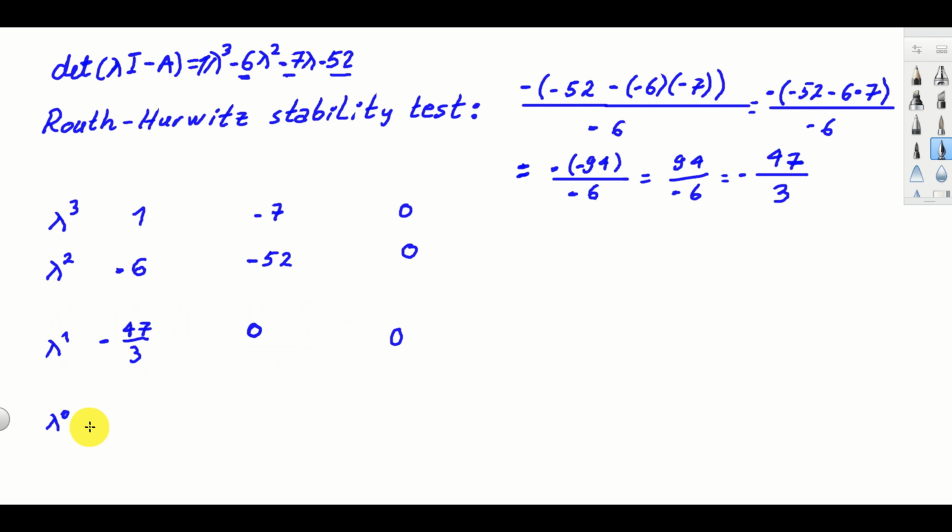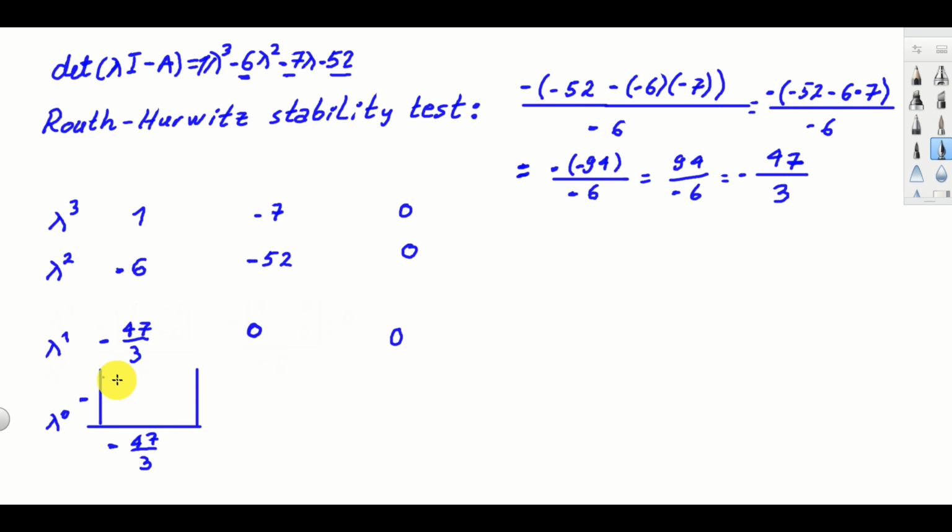How about this entry? This entry over here will be simply a ratio of, in the denominator we will have minus 47 over 3, and in the numerator we will have a determinant with a minus sign.